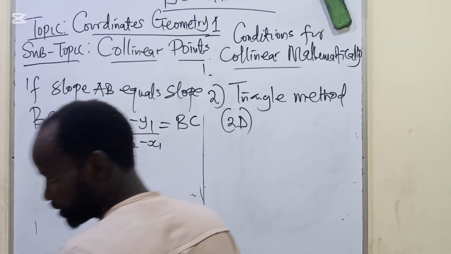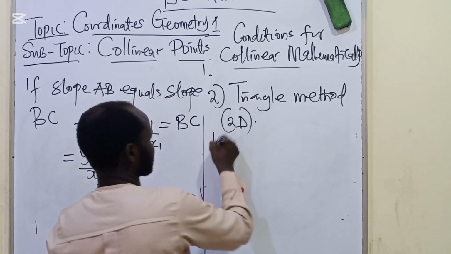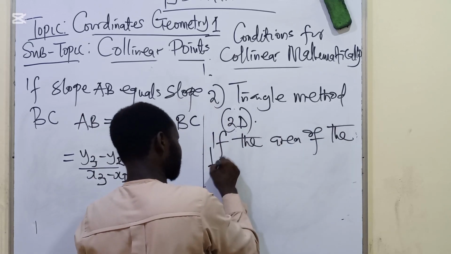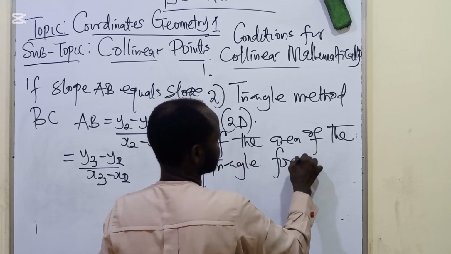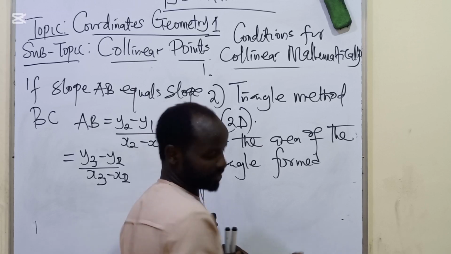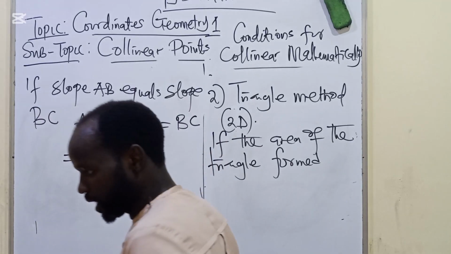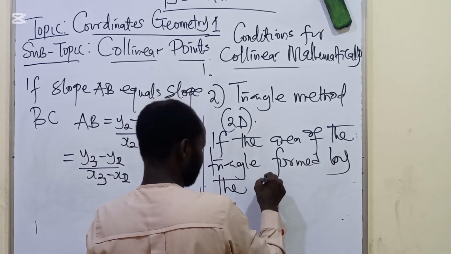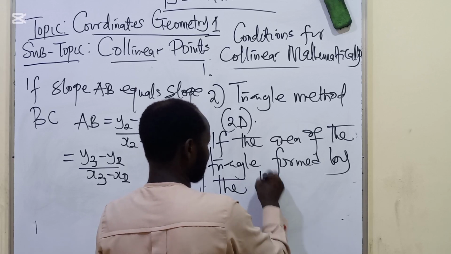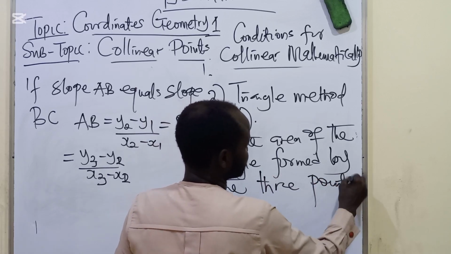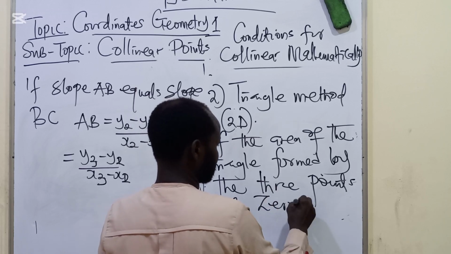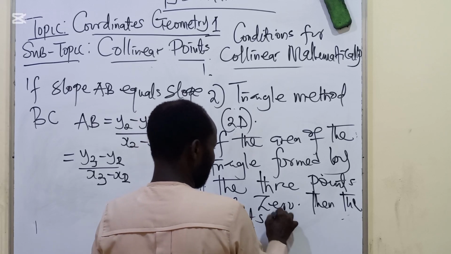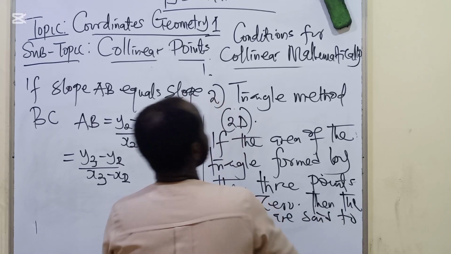If the area of the triangle formed by the 3 points is zero, then the points are said to be collinear.